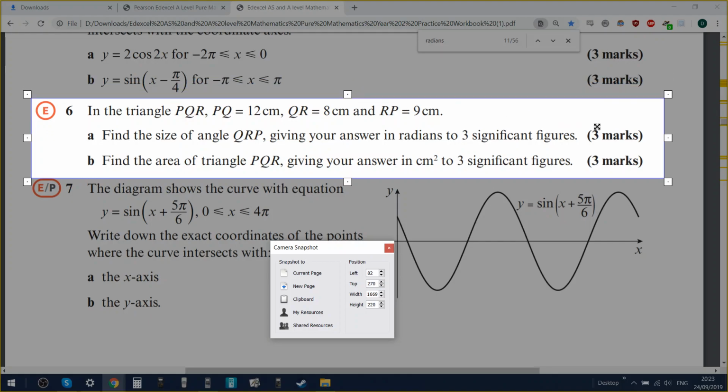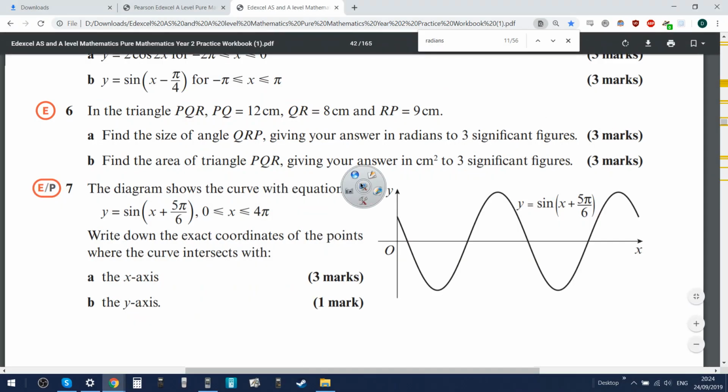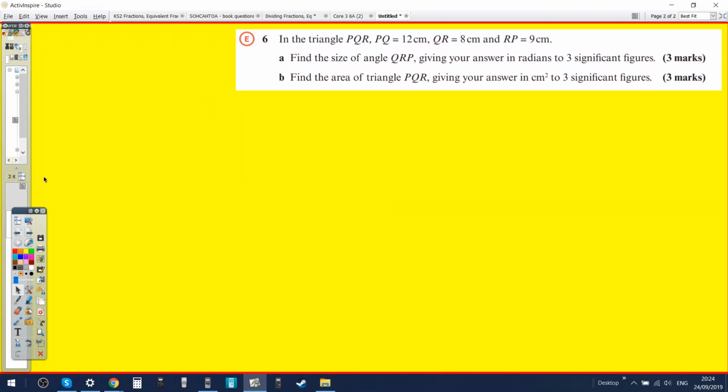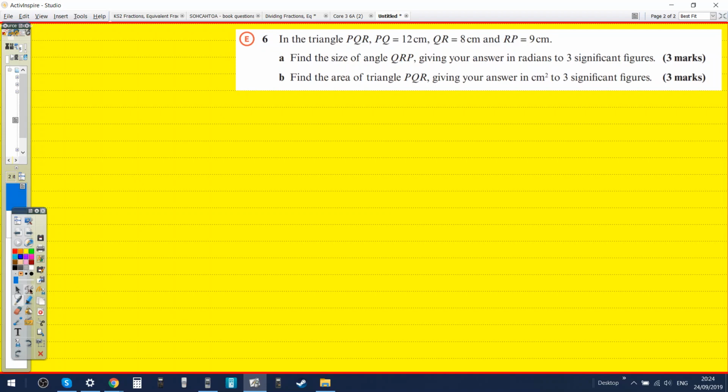Sure. So PQR. PQ is 12, QR is 9, and PR is 8, and I'll just draw the triangle.